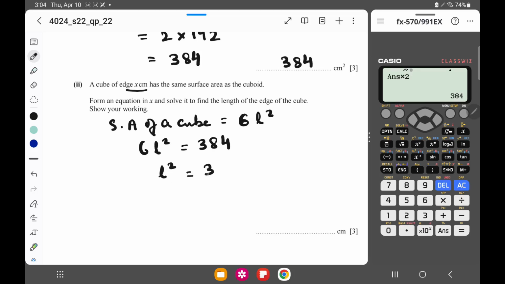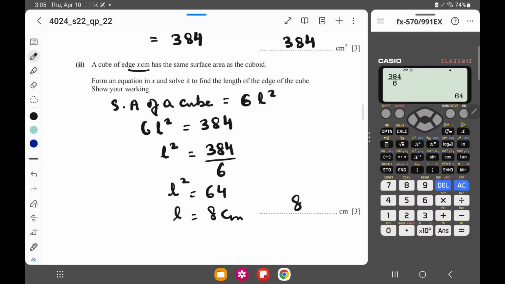L square is 384 divided by 6, just find out what is 384 divided by 6. It's equal to 64. L square is 64, so obviously L will be equal to 8 centimeters in this question. So that was the last part of this topic in paper 2022 May June 22.